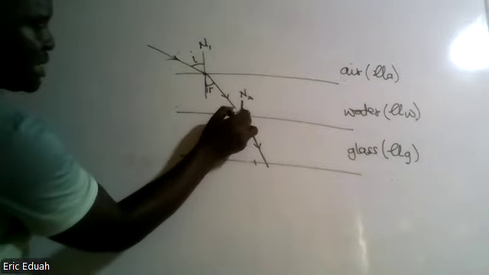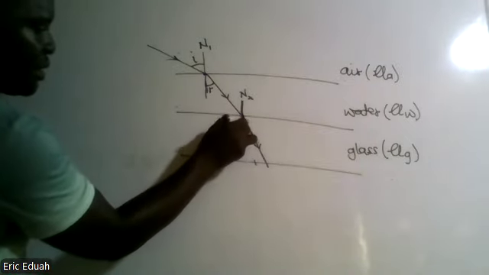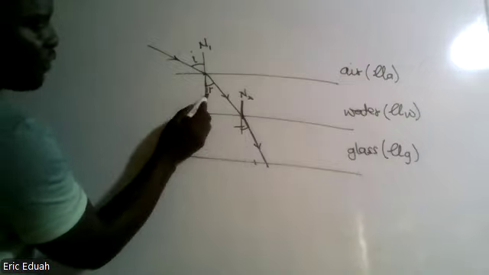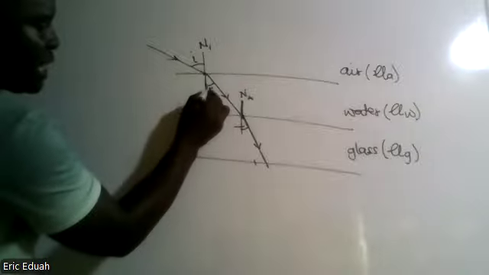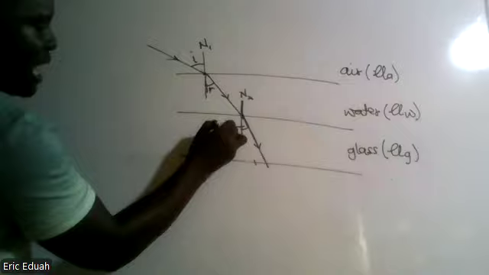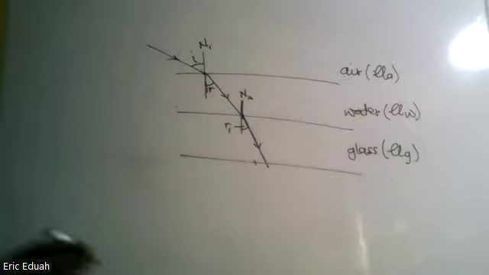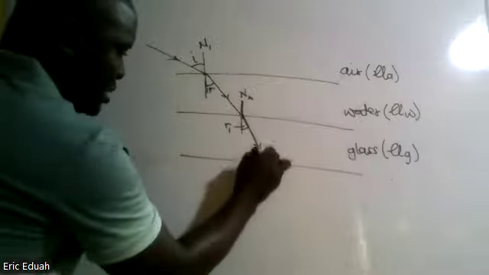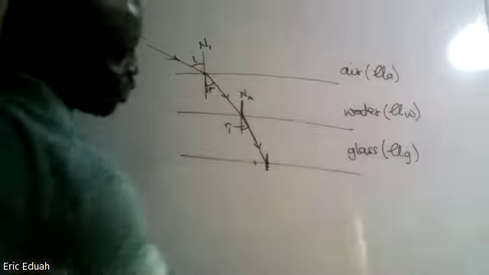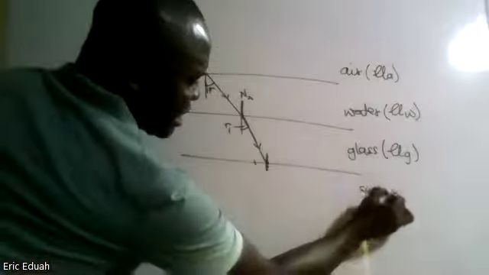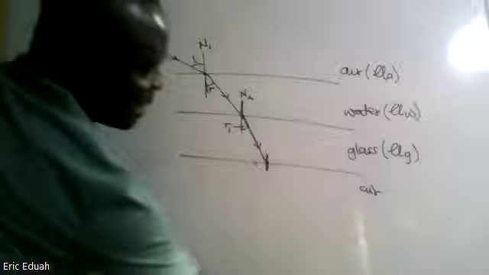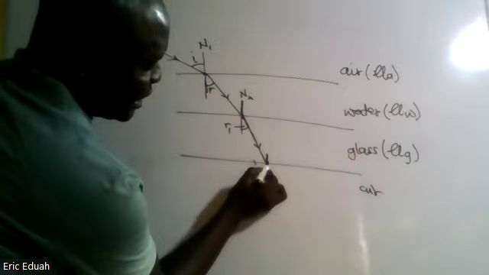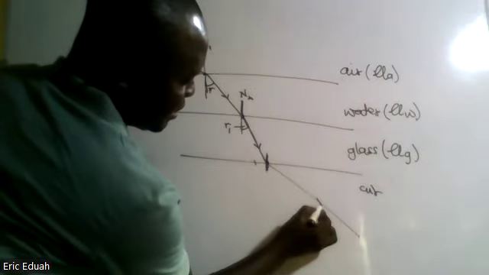So this angle of refraction, of course, will be different from this. So let's call this R, and this is R1. Once the light is coming out through air, enters air and comes out through air, it will deviate away from the normal.